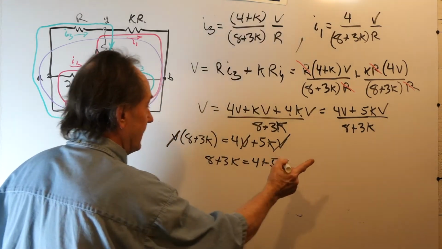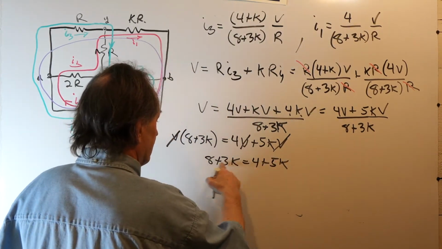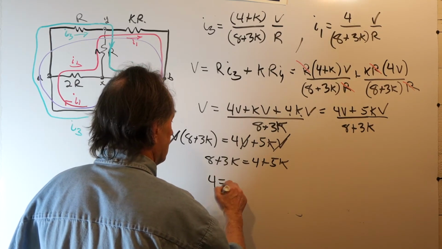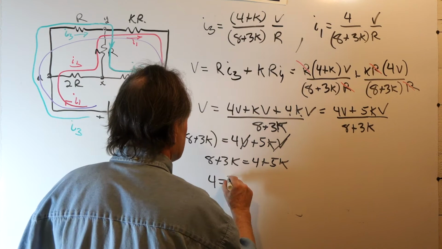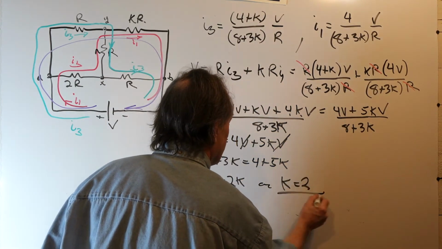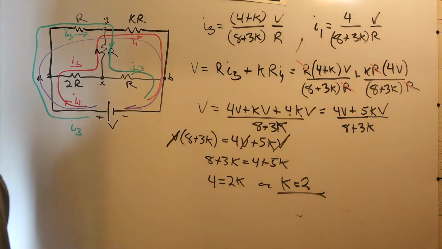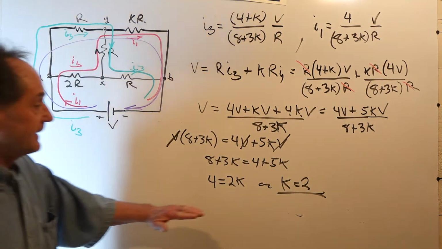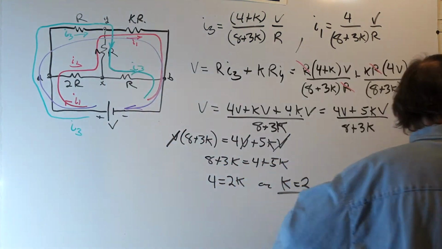We can solve for K. We subtract a 4 from each side. We end up with 4 is equal to, subtracting 3K from each side, 2K, or K equals 2. So writing Kirchhoff's voltage law around the outer loop tells us that K equals 2 is a requirement.